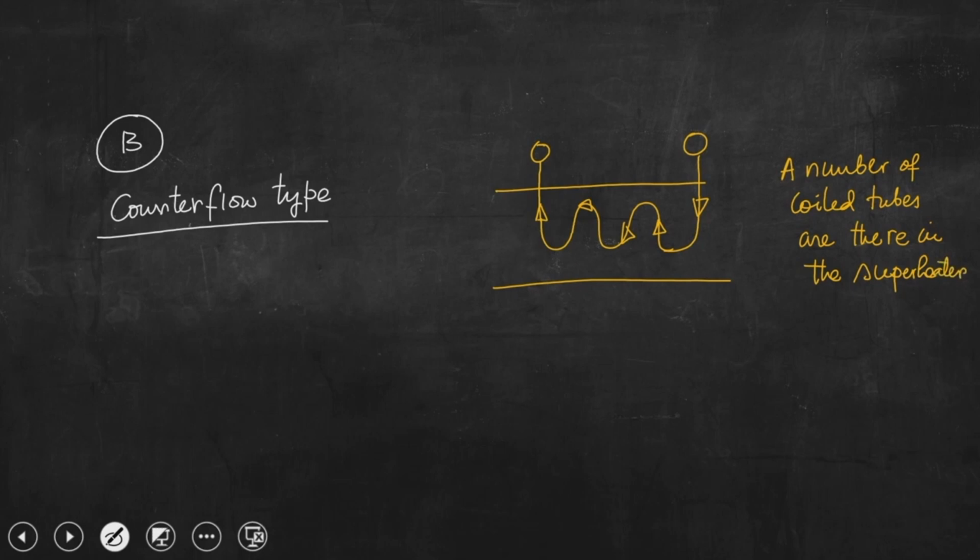Okay. So, you can see that this is the steam direction and this is the flue gas.